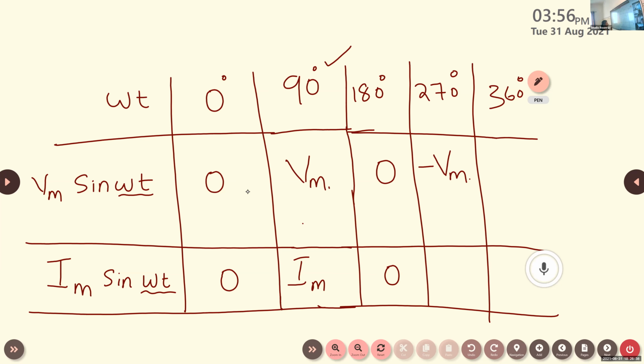Similarly, in the value of alternating current, here also the phase angle omega t is equal to 270. Sine 270 is equal to -1. Then sine 360.